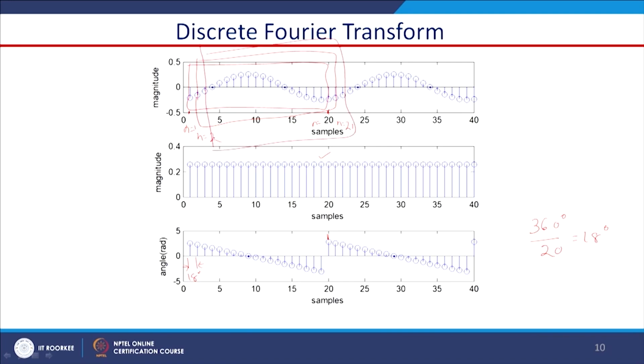This window keeps progressing ahead to find the corresponding magnitude and phase angle. For the first window this is the magnitude and this is the corresponding angle, for the second window this is the magnitude and this is the angle, and for the third window likewise, and so on. When the window ends within a cycle, this is the end of that particular angle and of the corresponding magnitude.